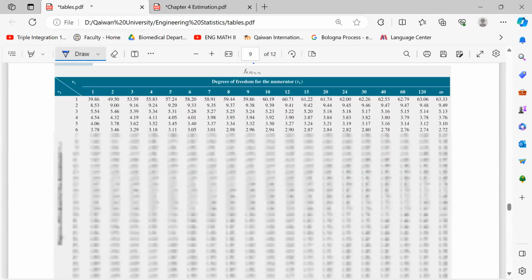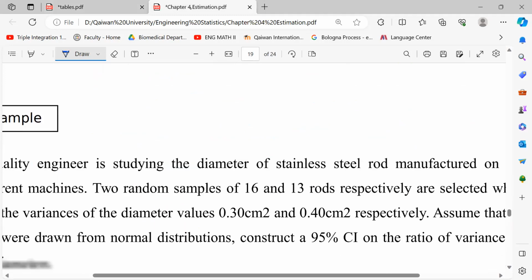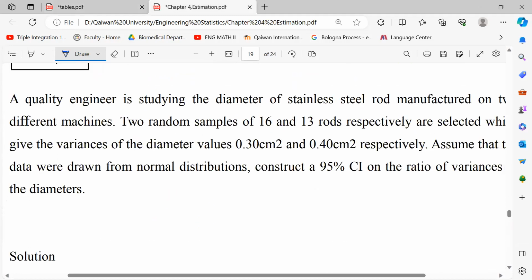What are those tables? The tables are for these alphas. Based on the value, we choose the table, or based on the example? Based on the example. In this example, we have a 95% confidence interval.